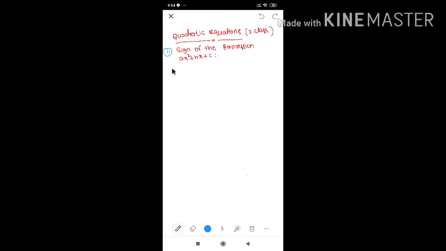The most important formula, most important question for 2 marks.